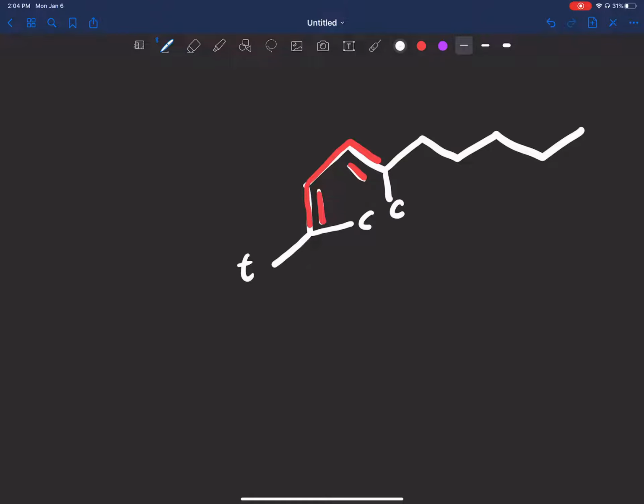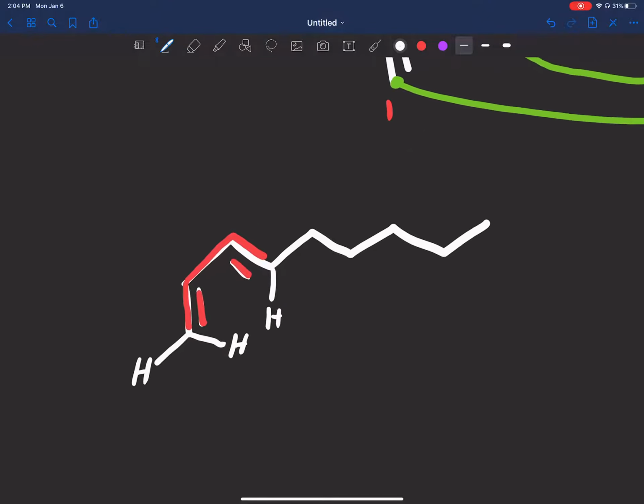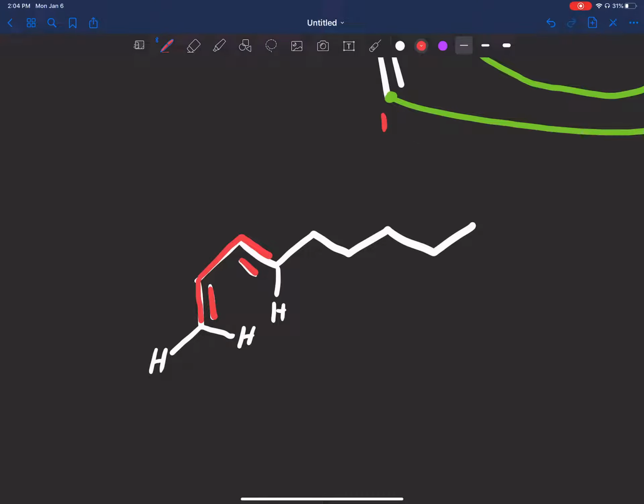So because nothing was written here, we know that there's just hydrogens. A hydrogen outward, hydrogen inward, and another hydrogen inward over there. But the trans group, that is the hydrogen, let me change the color, this hydrogen and this chain, all right?